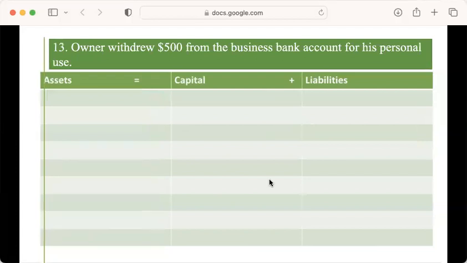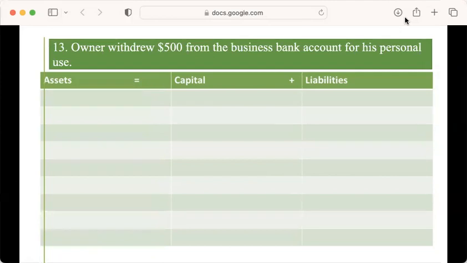Right. We have one more transaction, where the owner withdrew 500 from the business bank account for his personal use, right? Remember, at the very beginning itself, we said we assume that the business is a separate entity, a separate person.